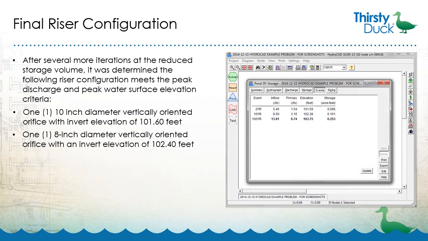Of course, this configuration is only one of many possible valid solutions. Thirsty Duck encourages you to try a variety of outlet configurations when optimizing the volume of detention storage.